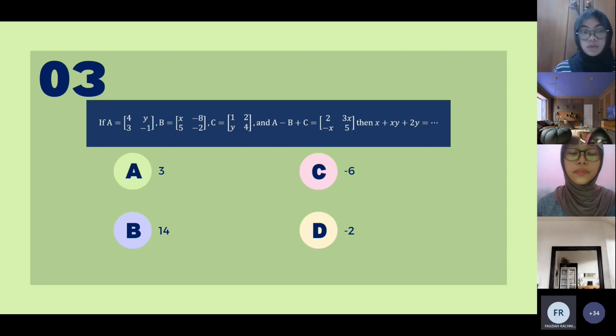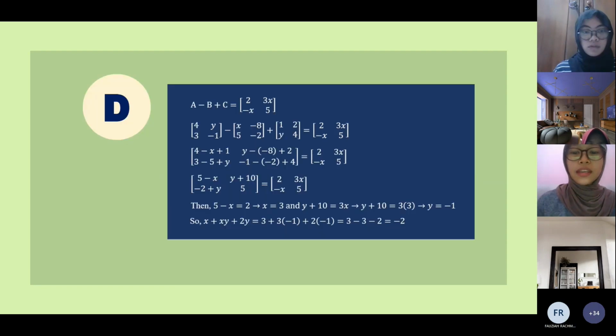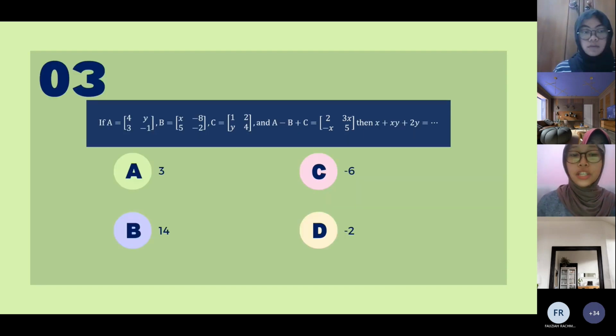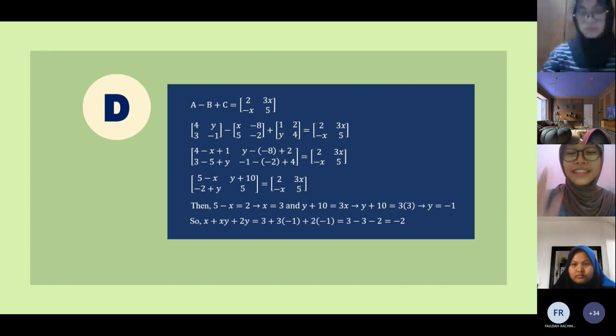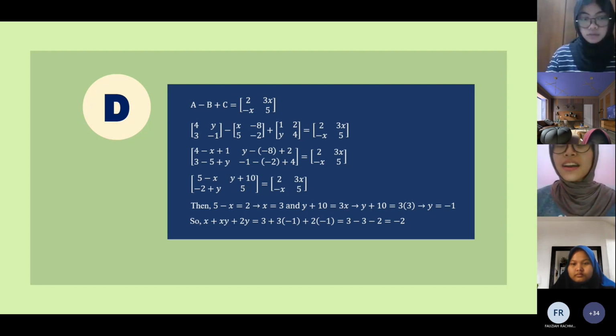My answer is D, -2. Okay, we'll see the answer to this question. The answer is correct. We can solve this question like this. So we got x equal to 3 and y equal to -1.